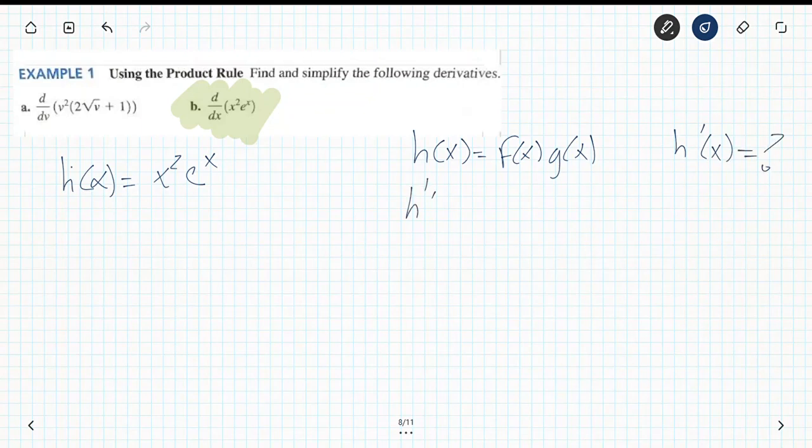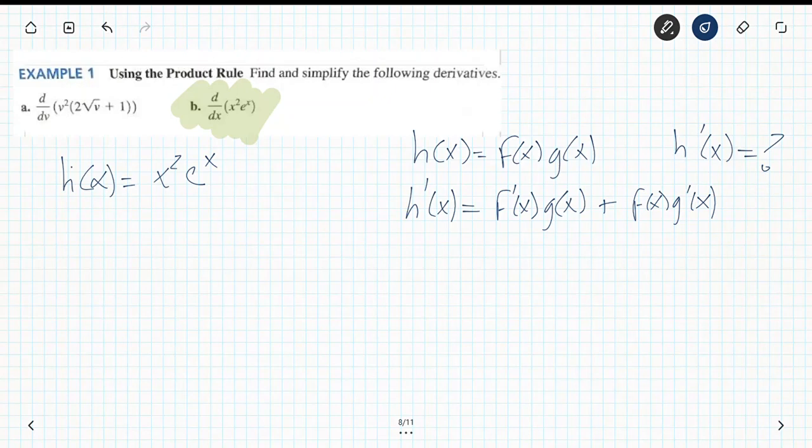So h prime of x is going to be f prime of x times g of x plus f of x and g prime of x. You just have to commit it to memory. That's one of the fun things about the product rule, that you just have to remember it.